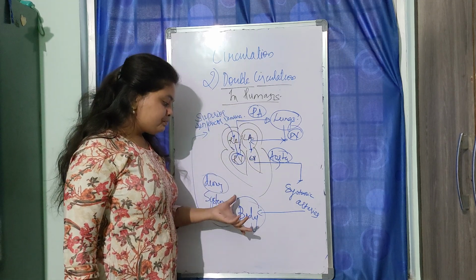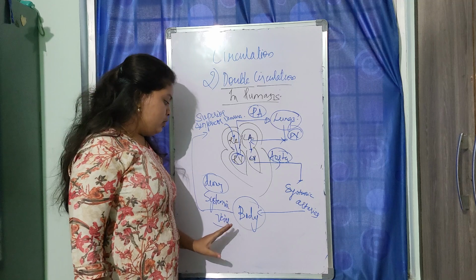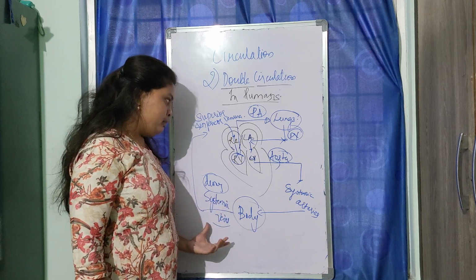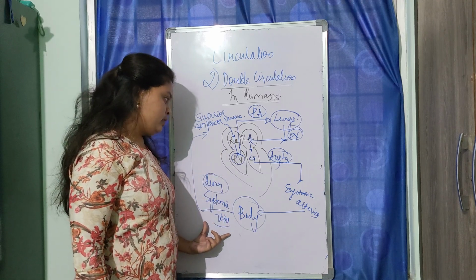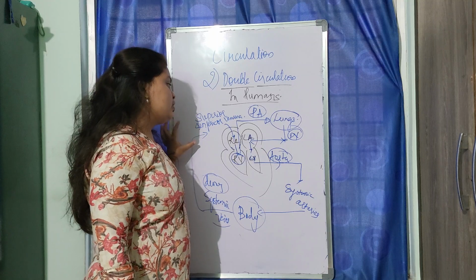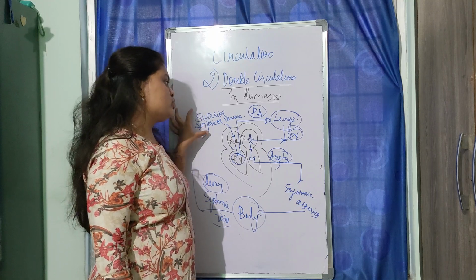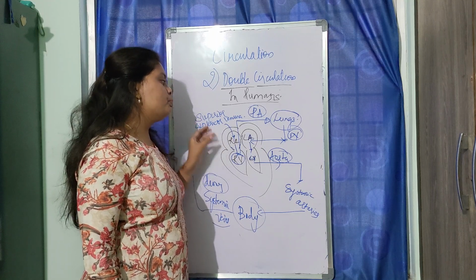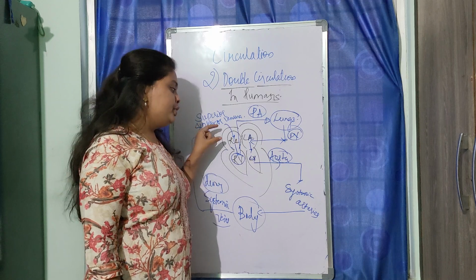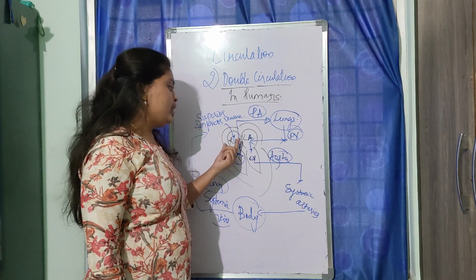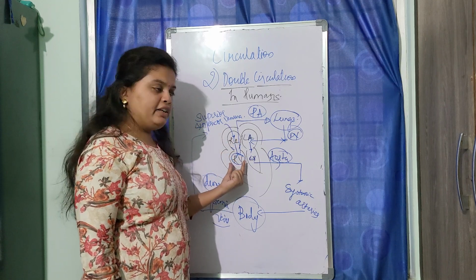So the body sends all the deoxygenated blood to the heart via systemic veins. These systemic veins send this deoxygenated blood to superior and inferior vena cava, who pour it into the right atrium, and from right atrium this blood goes to right ventricle.